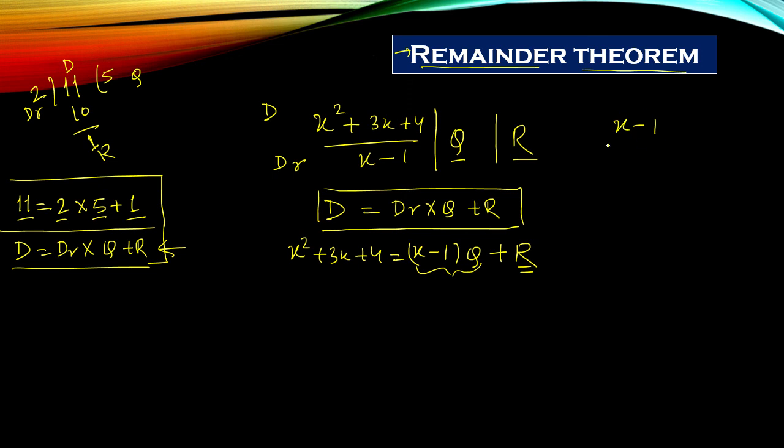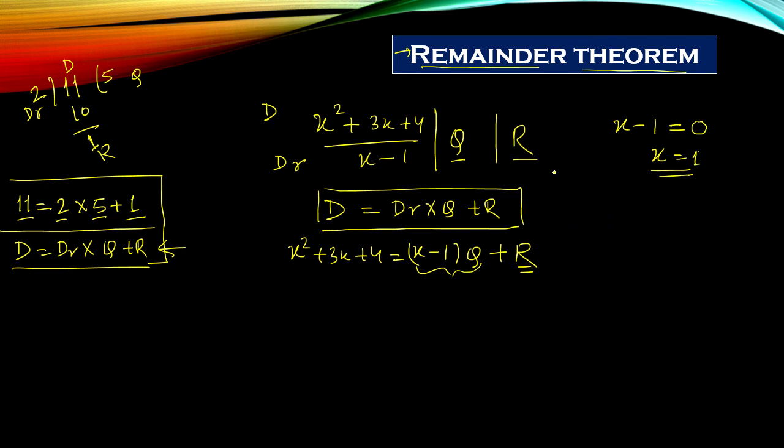The method says put the value of the variable, and if the polynomial gets 0, then the value of this variable is called the 0 of the polynomial. In the previous page we have seen that if we equate the polynomial to 0 and get the value of the variable, that is also the 0 of the polynomial.